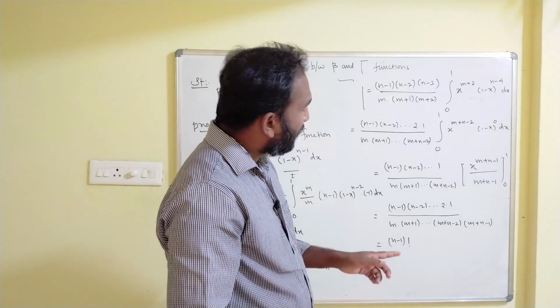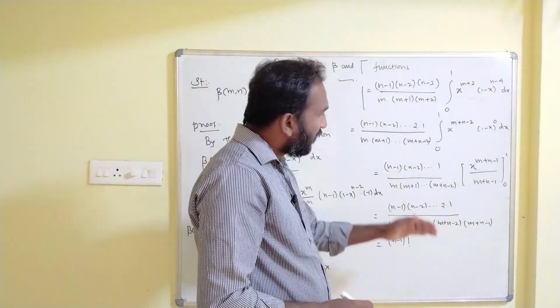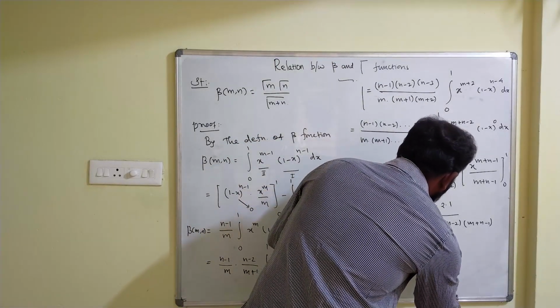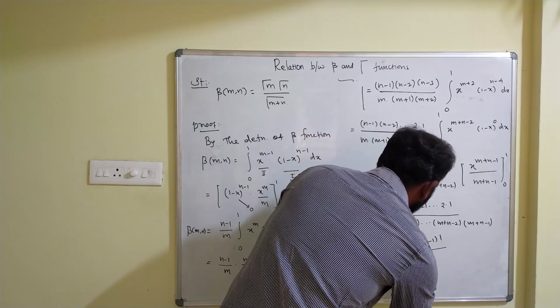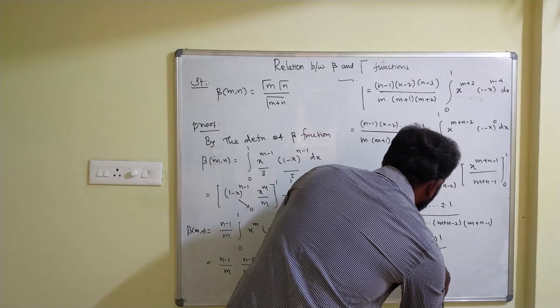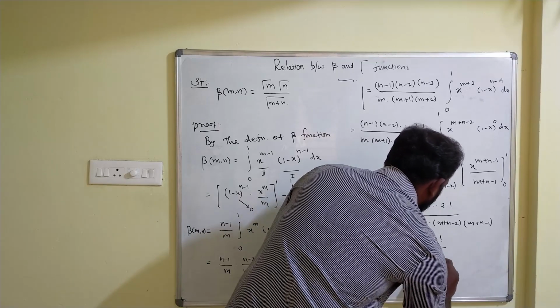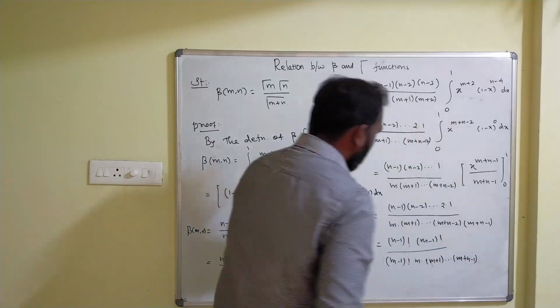For that, I am just multiplying the remaining value and dividing by the same value. So that will give m minus 1 factorial divided by, here is m minus 1 factorial into m plus 1 up to m plus n minus 1.